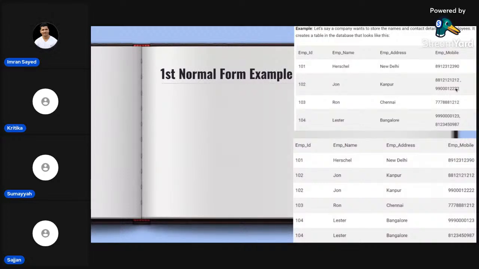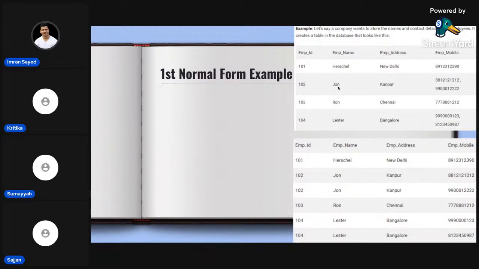To convert it, we're going to normalize it. What we're going to do is put this whole record twice, and each time we put only one value. That way, this part will be repeated, but each row will satisfy the condition.